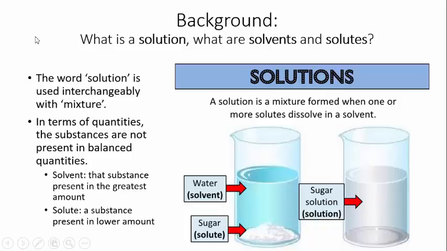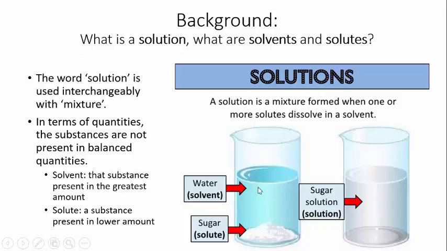When we make mixtures, the materials that are put together are essentially never put together in equal proportions. Usually, there's a much greater amount of one than the other component or the other components. And so we call the one the solvent if it is the substance that's present in the greatest quantity.